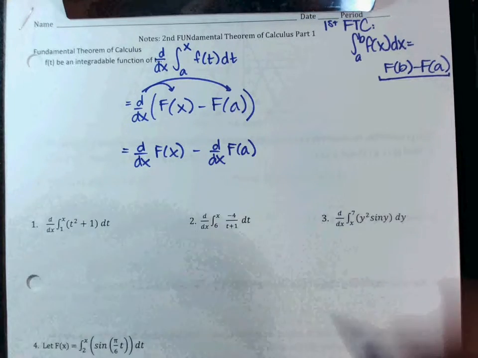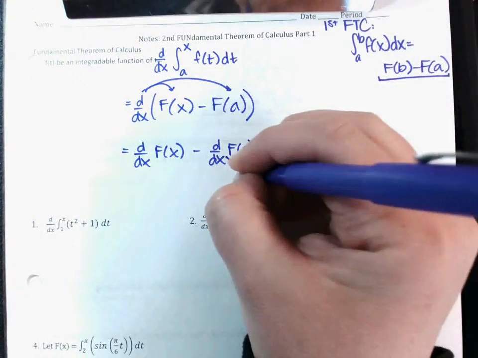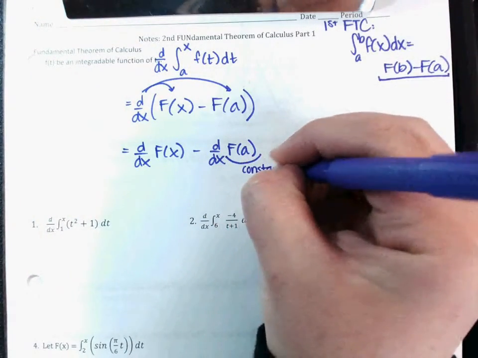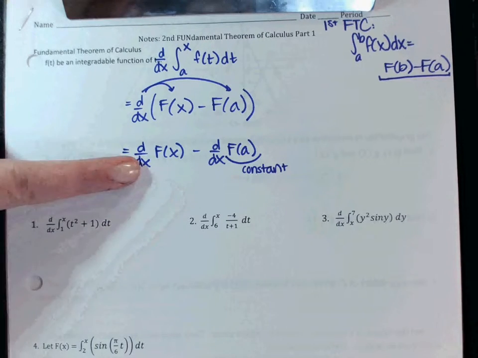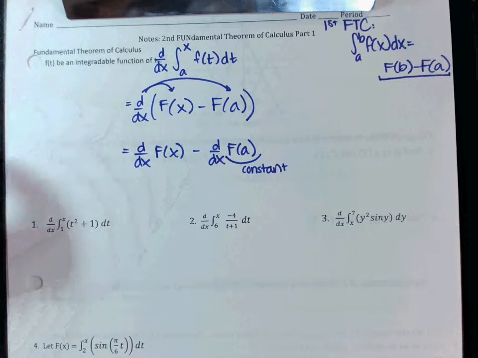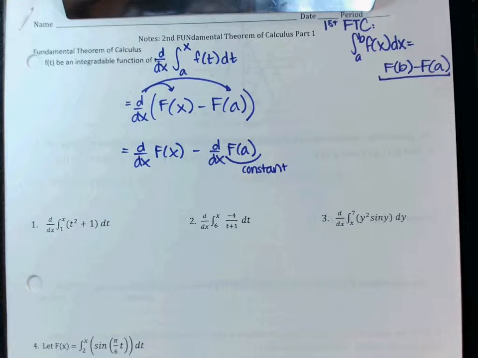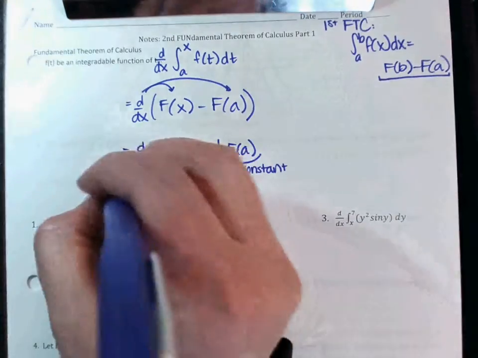What is the derivative of a constant? 0. So that part is basically just going to go away. When you take the derivative of a constant, you just get 0. Now, one other thing. If it's the derivative of capital F, what's that called? Little f. Good. Good job, Yoel.